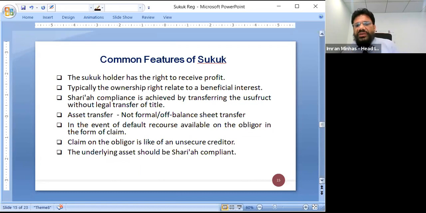You see, the Sukuk holders have a right to receive a proportionate share of the profit or Sukuk rental flow coming from the underlying assets. So typically the ownership rights relate to the beneficial interest. This is very important, the beneficial interest, because many of the jurisdictions, or the laws or the regulations, do not recognize the word beneficial interest.